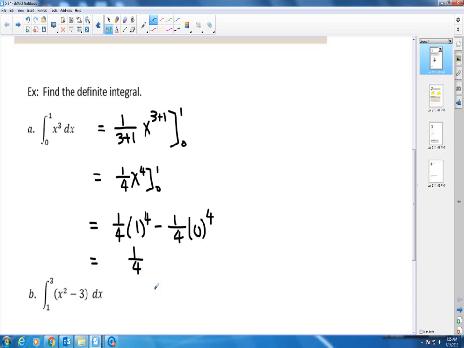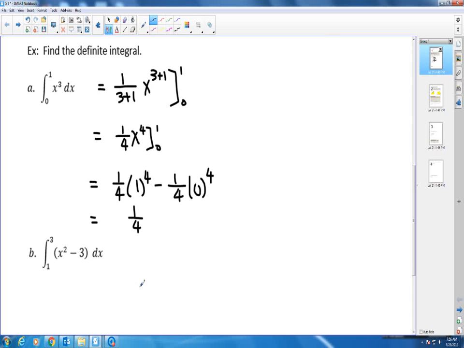So that's why my area under the curve is 1/4. This part of the curve, only from 0 to 1, of this cubic function is 1/4. So this is what we're going to do today.